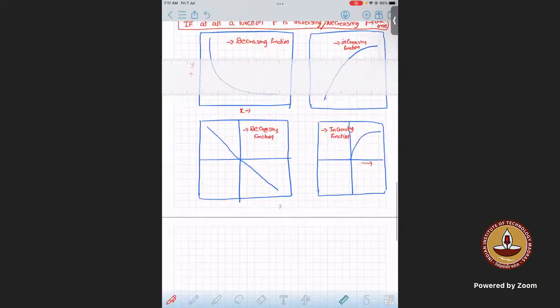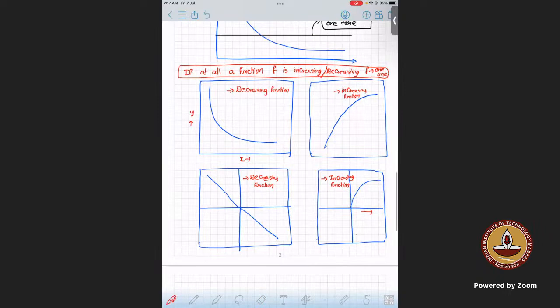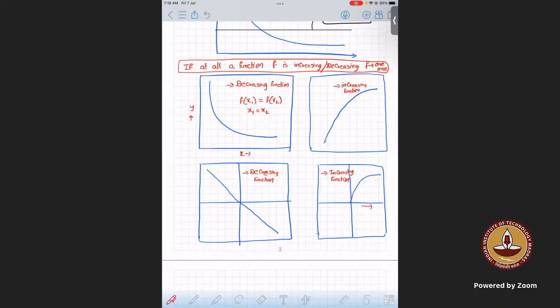Why is it 1-1? Can anyone tell why it is 1-1? Because every value of x gives a unique, different value of y. f of x1 equals f of x2 if and only if x1 equals x2. So for increasing or decreasing functions, if x increases, y increases, or if it is decreasing, y decreases.